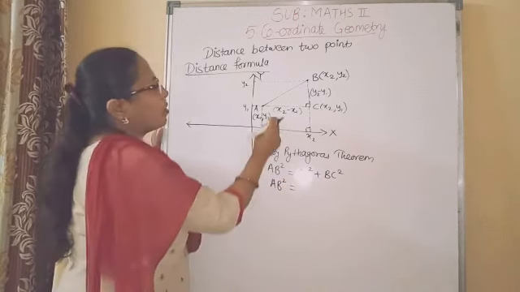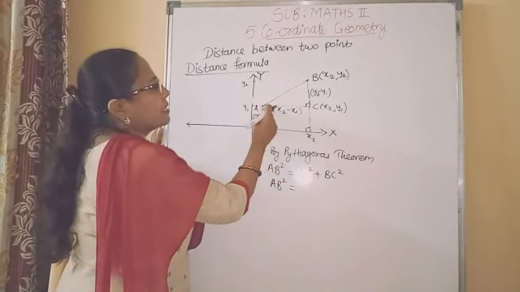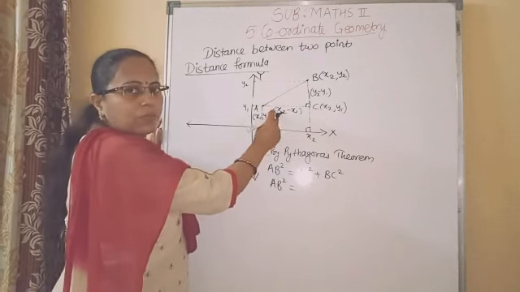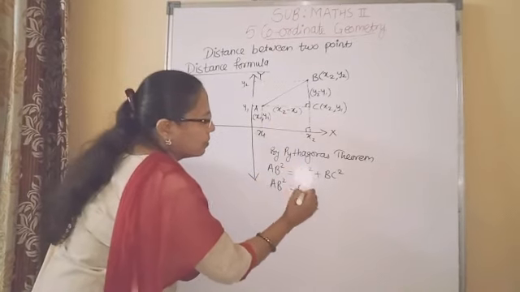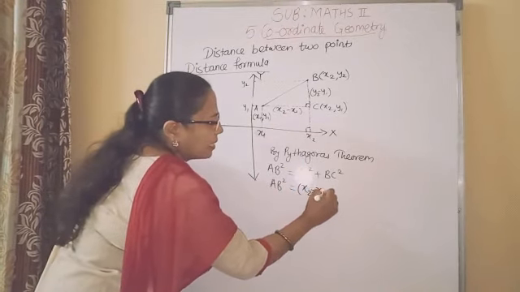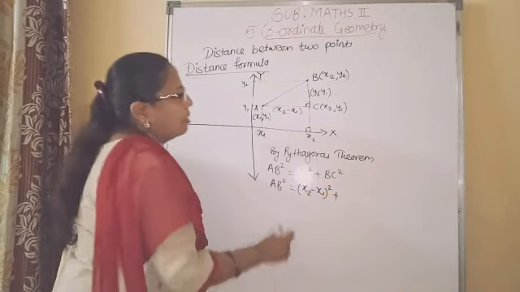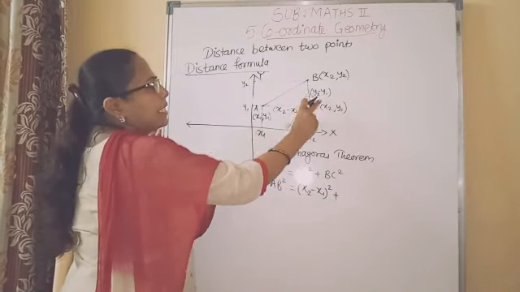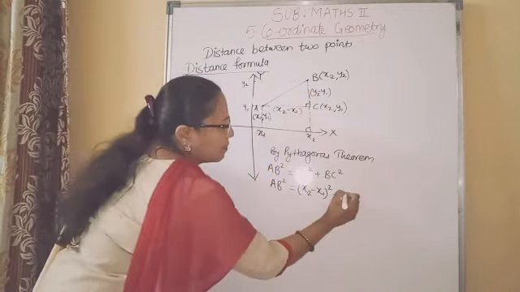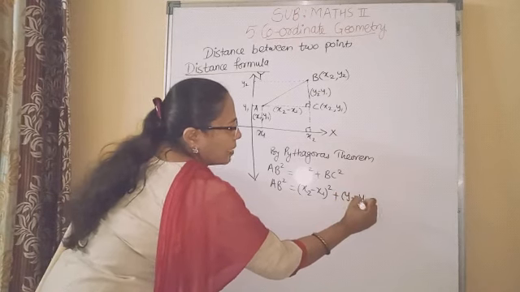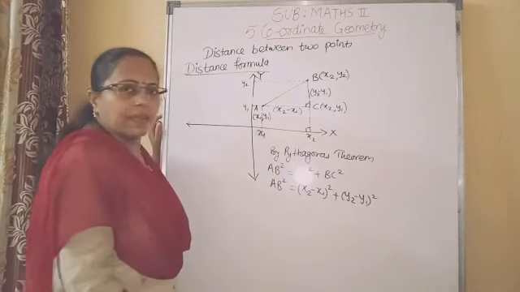Now we got the length of segment AC, it is equal to x2 minus x1. So (x2 minus x1) whole square. The length of segment BC is y2 minus y1. So (y2 minus y1) whole square.